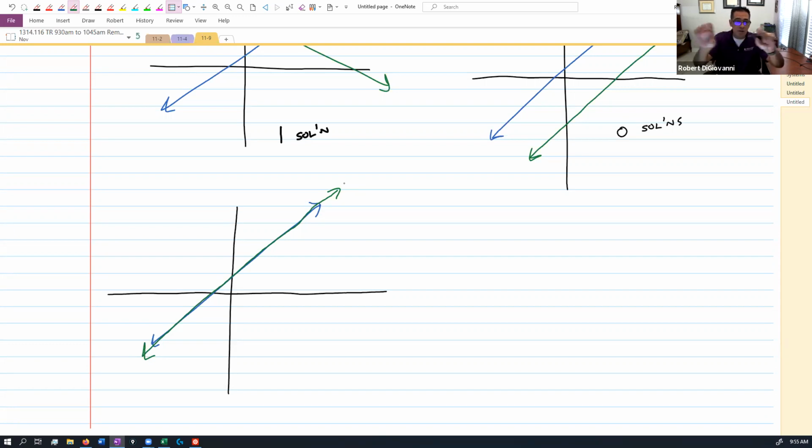The equations look different. When you look at them, you're like, oh, those look like two different equations, but they turn out to be the same line. So we want to take this into account also. If this happens, then we have an infinite number of solutions. Because don't they hit everywhere? At every point is a solution, every point.